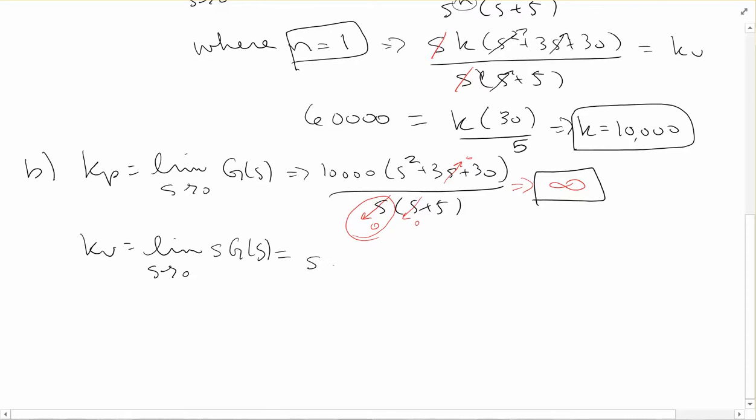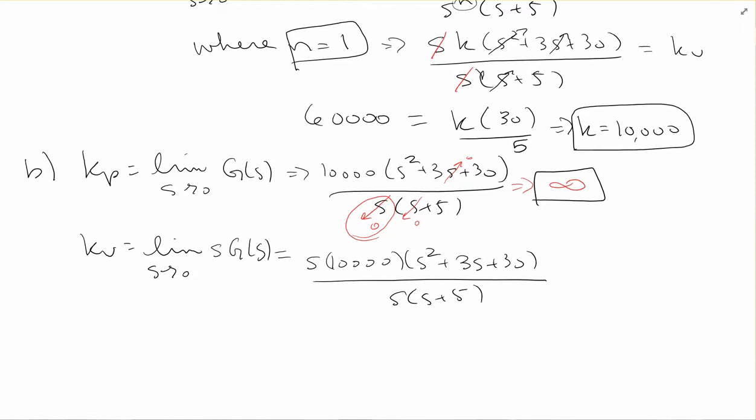Right, so let's multiply g of s times s. So here's the s, and then we've got the 10,000 times s squared plus 3s plus 30 over s times s plus 5. Okay. Now in this case, if you look, this s will cancel with this one. Okay.